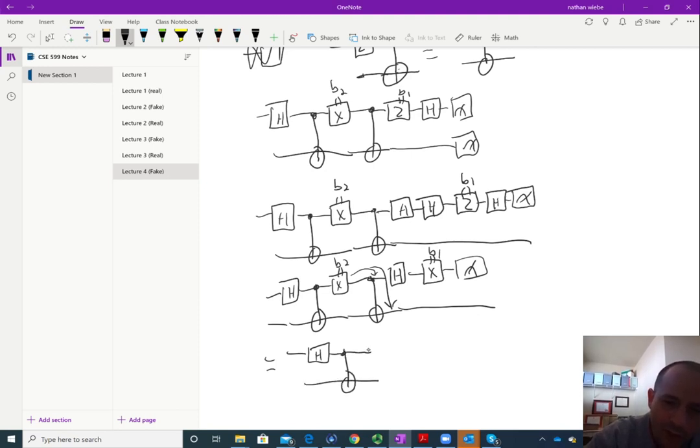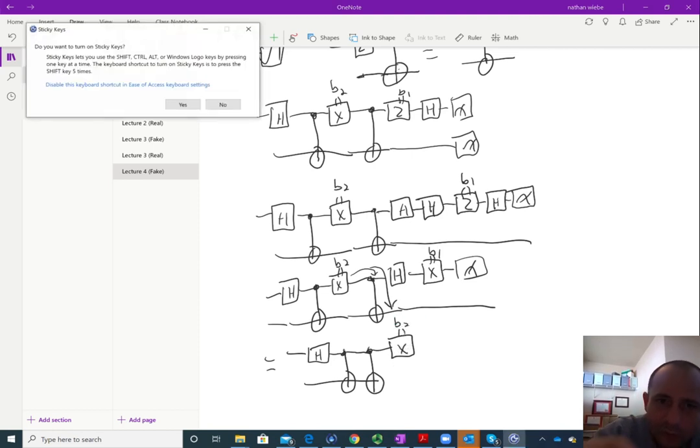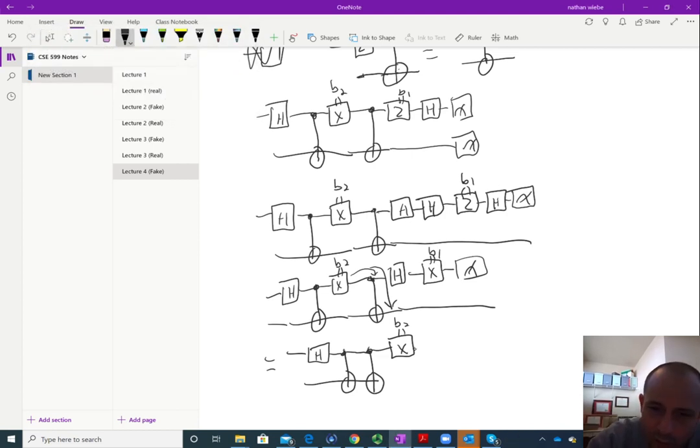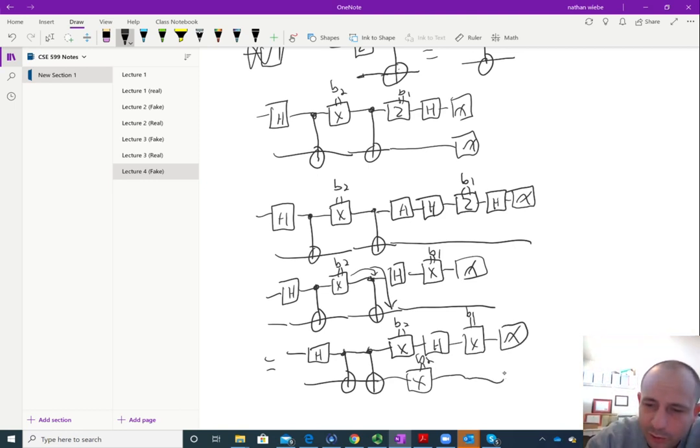This gives us X b2, Hadamard, X b1, and then down here we've got X b2 feeding into 2 meters.